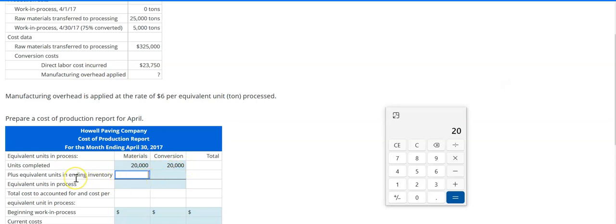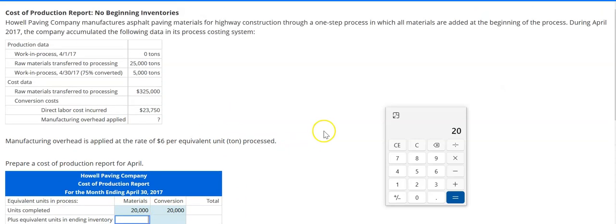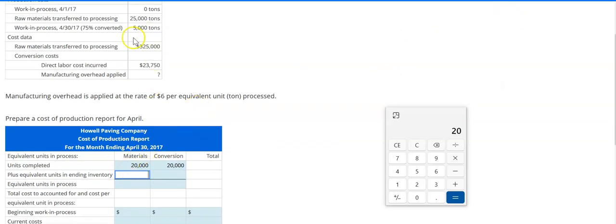So because we had that little tidbit right up here that the materials are added at the beginning of the process, we know that these 5,000 tons are 100% complete as to materials, so we can just enter in 5,000. However, we can't do that over here on the conversion side because they're only 75% complete as to conversion.